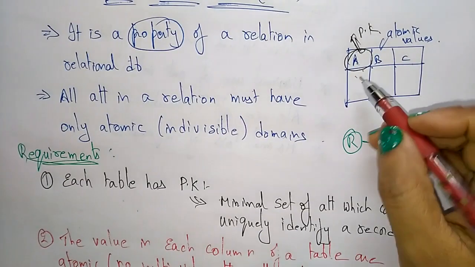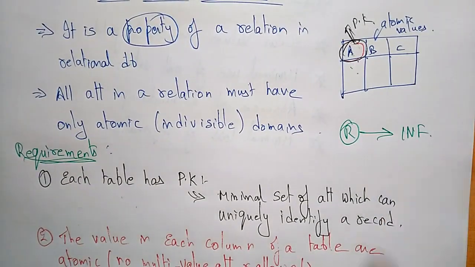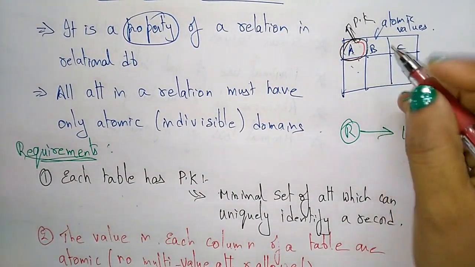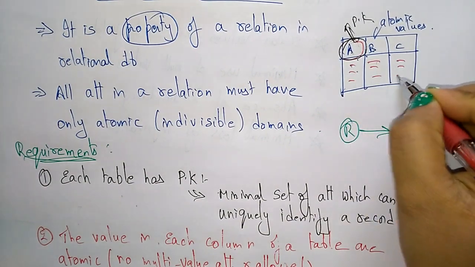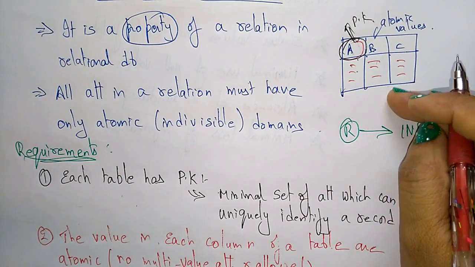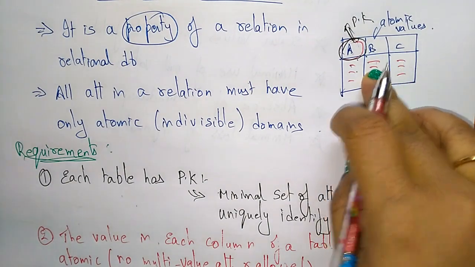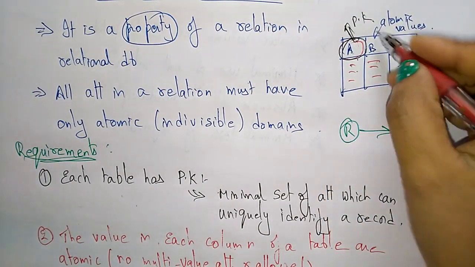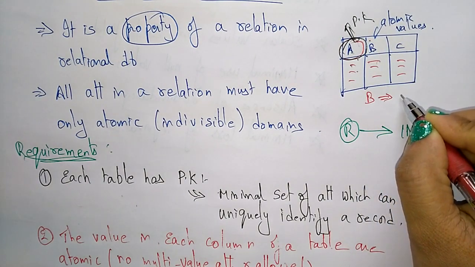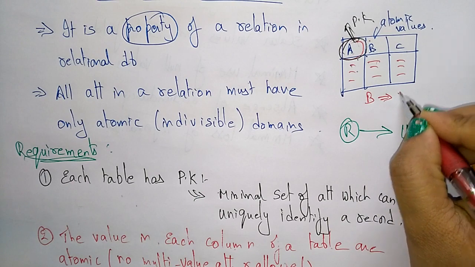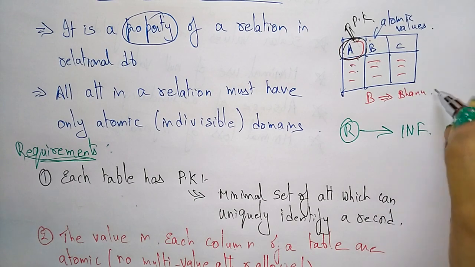So first it has to hold the primary key, and second, each column of a table, each value of a table, these are the values, means the tuples, is atomic. You have to hold only one value. Suppose attribute B holds only one value, suppose B has the name Bhanu. This will be allowed.